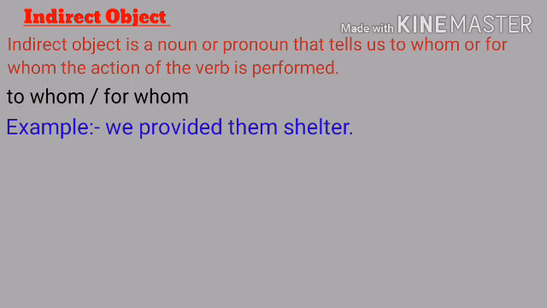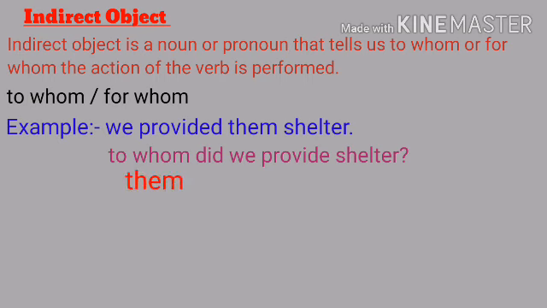Here, in order to identify the indirect object, I shall ask the question, to whom did we provide shelter? And I will get the answer, them. And so the word them is the indirect object.